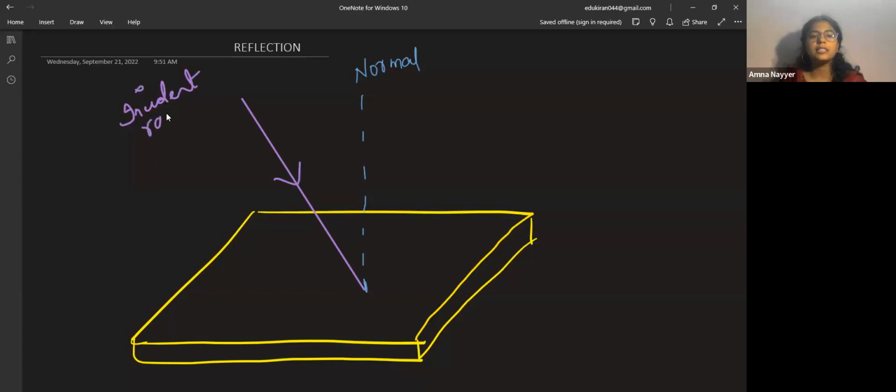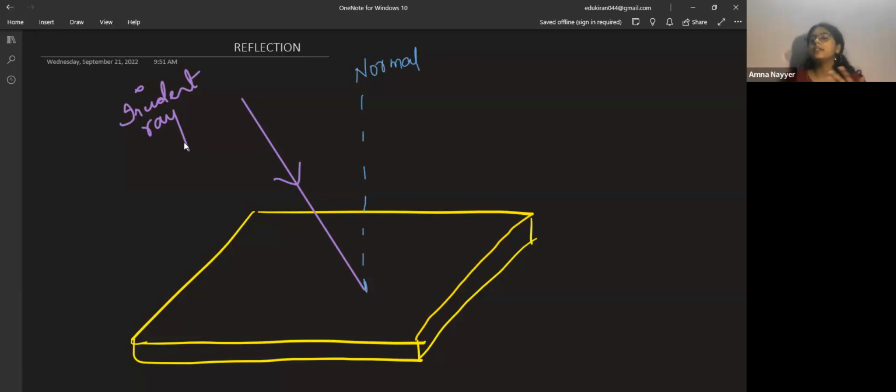The incident ray strikes the material, the object, opaque object, transparent object, translucent object, any type of object. So the ray of light which is striking first is known as the incident ray.